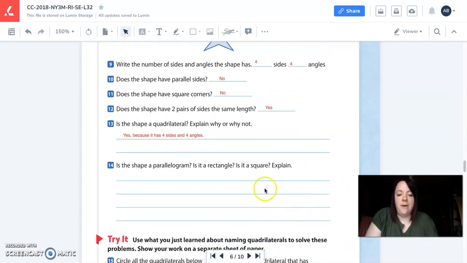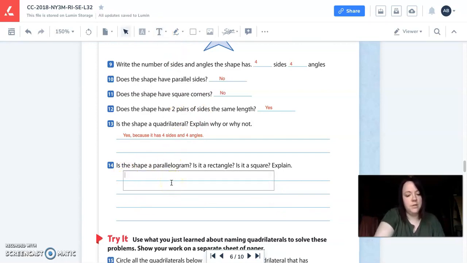Is this shape a parallelogram? Is it a rectangle? Is it a square? So there's 3 answers here. Is it a parallelogram? No, it is not. Is it a rectangle? No, it is not. It does not have 4 square corners. Is it a square? No, not all of the sides are equal. So no. It is no.